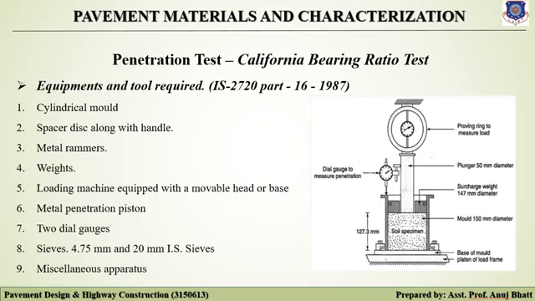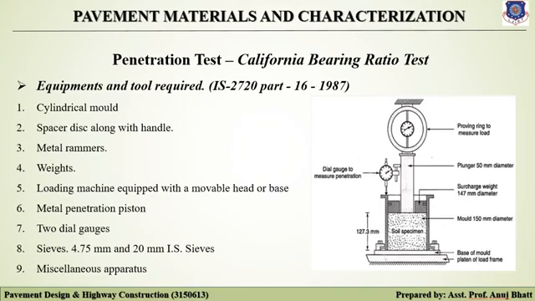Fourth, we need a set of weights, one annular metal weight and several slotted weights weighing 2.5 kg each, 147 mm in diameter with a central hole 53 mm in diameter.